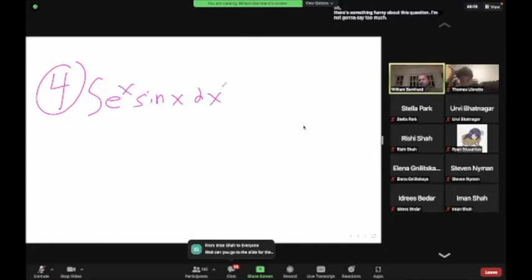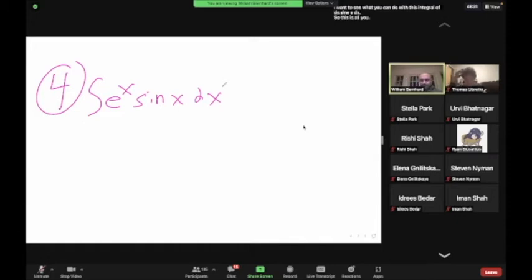And I want to see what you can do with this: the integral of e to the x sine x dx. So this is all you. And you can tell me what the problem is. You can tell me the issues. This is a nice little problem-solving exercise for us.